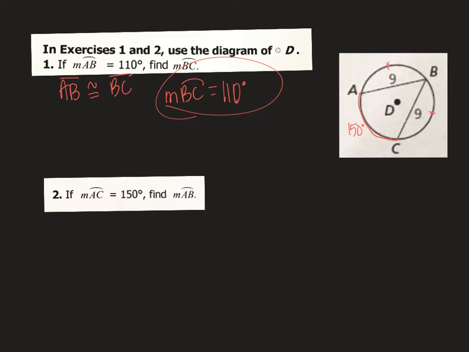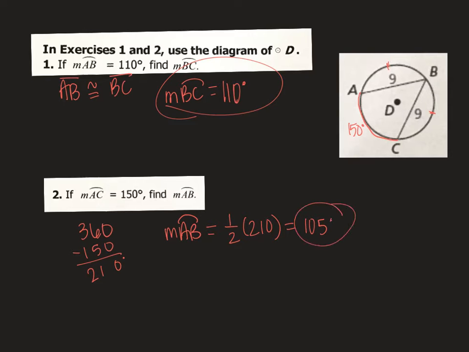So if this piece is 150 degrees and there's 360 total, that leaves us with 210 degrees between these two arcs. Well, they have to be the same. So the measure of arc AB has to be half of that 210 so that they're both the same, which is going to give us 105 degrees.